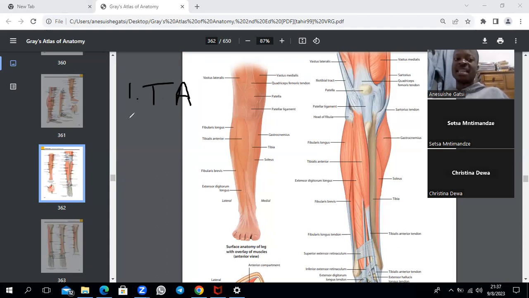And remember I said that the anterior leg is extensors. So there's a muscle called extensor hallucis. The hallux is the big toe. Just like how the pollex is the big thumb, the hallux is the big toe. There's a muscle called extensor digitorum.